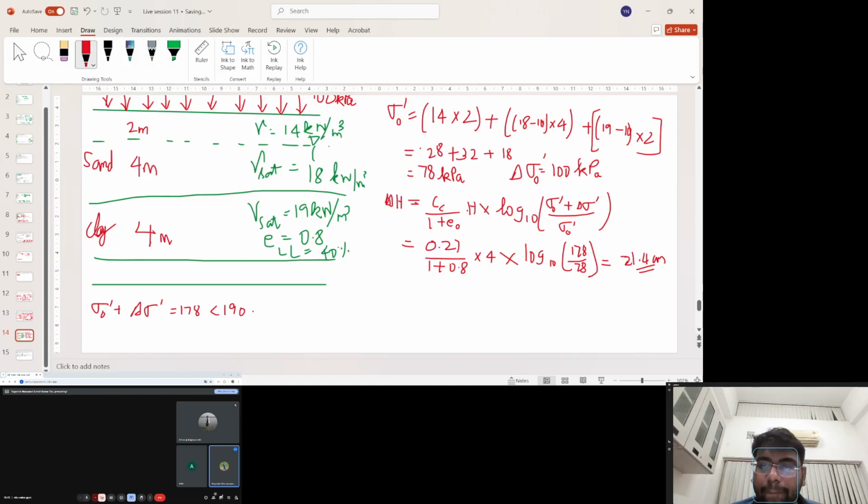So this is a completely over consolidated soil, right? So here, instead of Cc, we need to use Cs, which is 1/6 of Cc. So 0.27 by 6.